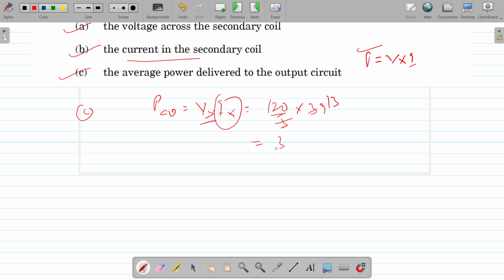Okay, this is equal to 360 watt is the average power delivered to the output circuit.